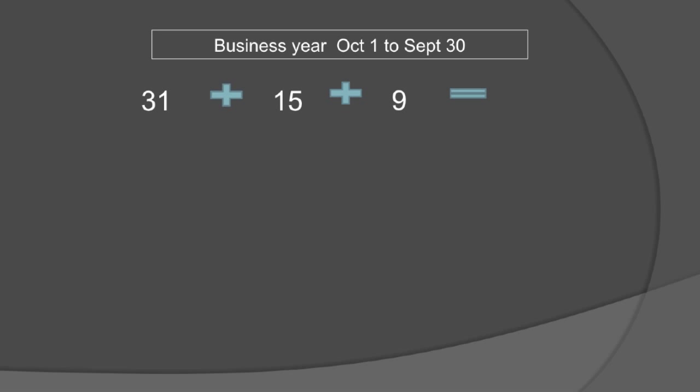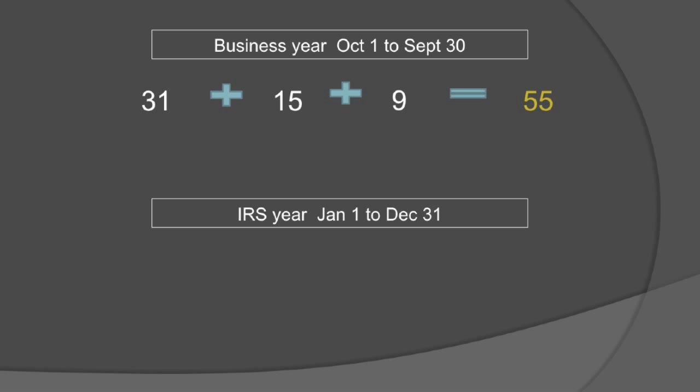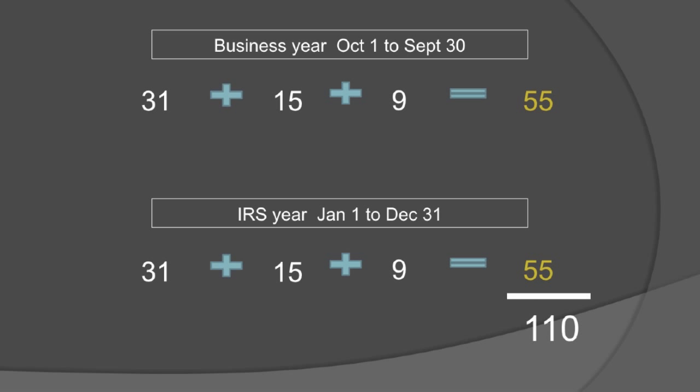So now you've got the October to September, which is 31, 15, and 9, which gives you 55. And on top of that, you have the IRS year that has 31, 15, and 9 to give you 55. So now you have 110 items that you have to take care of.